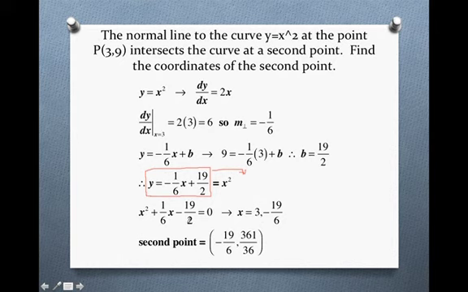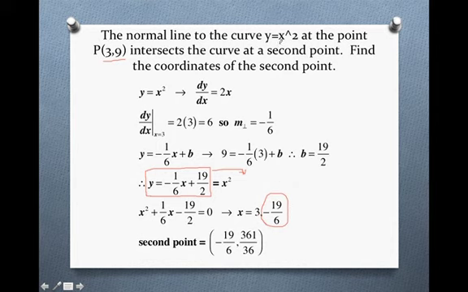We will use the quadratic equation or your graphics calculator to figure out the solutions, and we find that there are 2 points. One of them makes sense. The x value is 3, and that's the point that we already knew. The other value here is the x value of the other point on this curve.